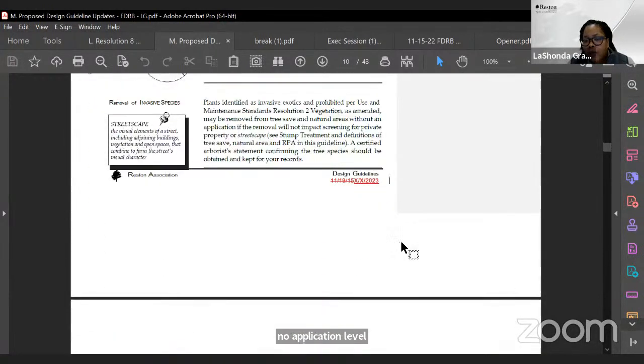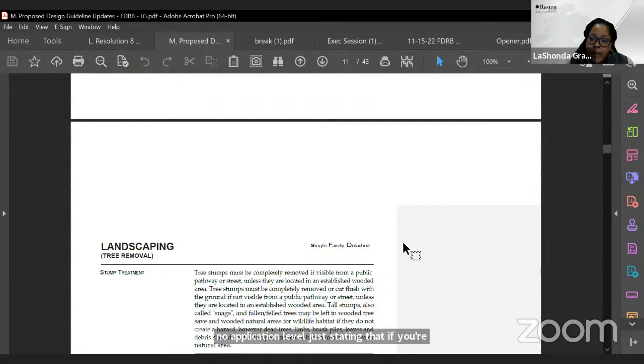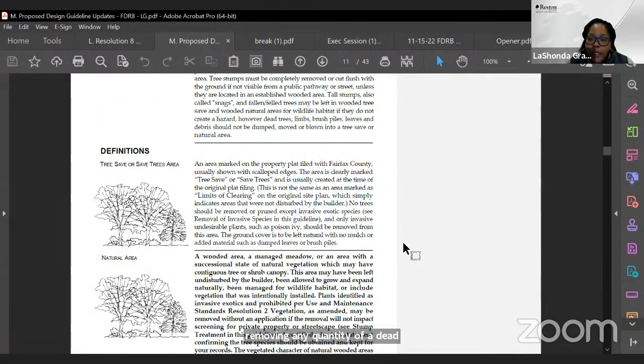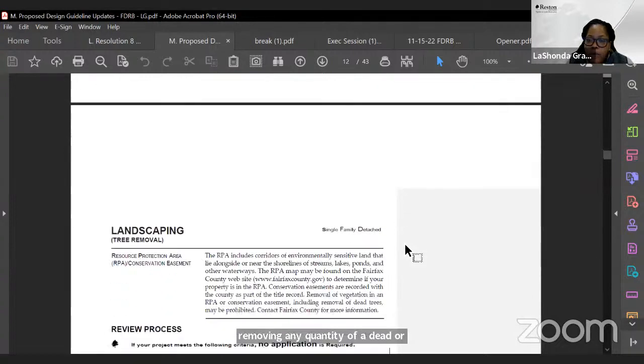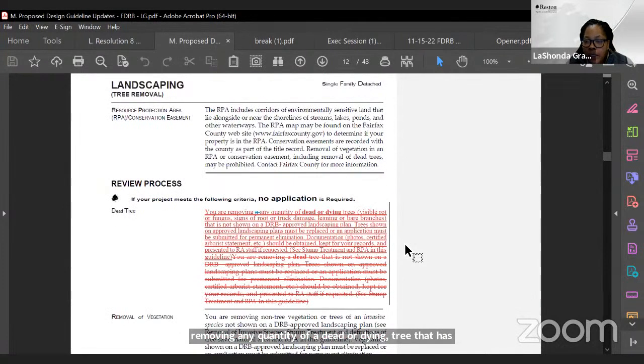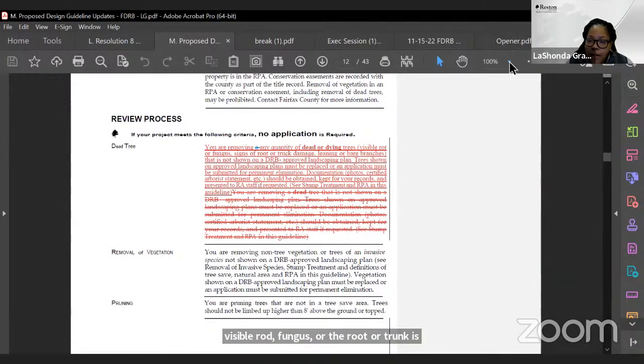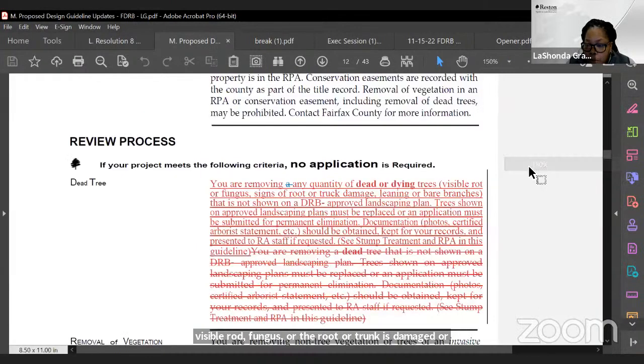Just stating that if you're removing any quantity of a dead or dying tree that has visible rot, fungus, or the root or trunk is damaged or leaning, or bare branches, that's not shown on a DRB approved plan. So we clarified that. That's on page 12, clarification of the dead tree.